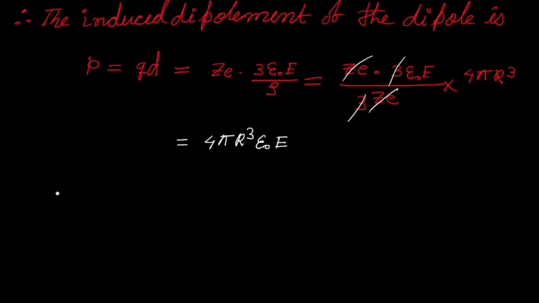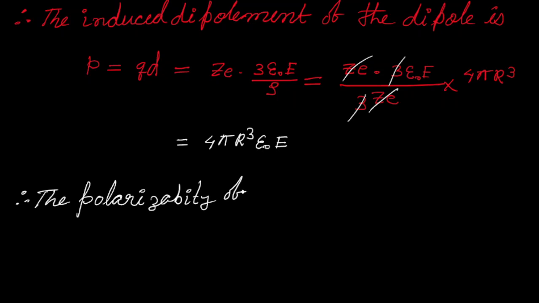So now what we can do is use the definition of polarizability. Therefore the polarizability of the atom is alpha is equal to the induced dipole moment divided by the external field.